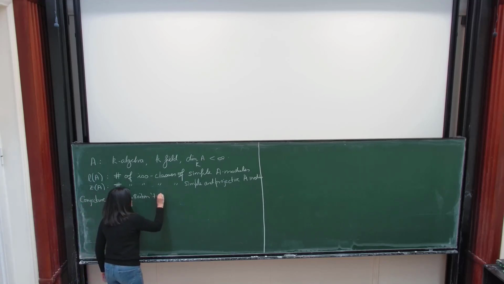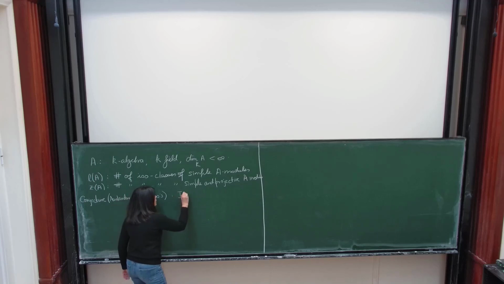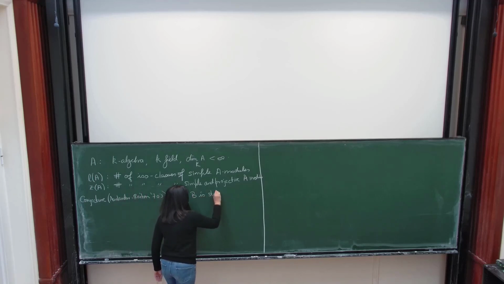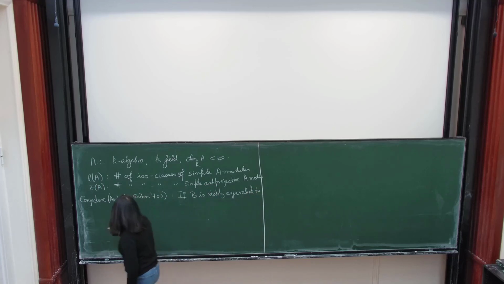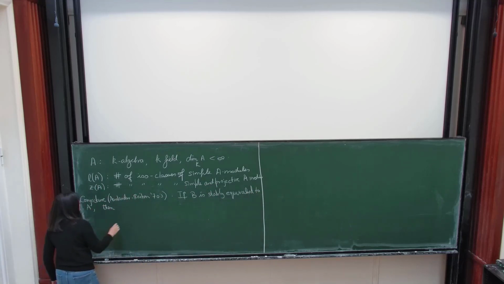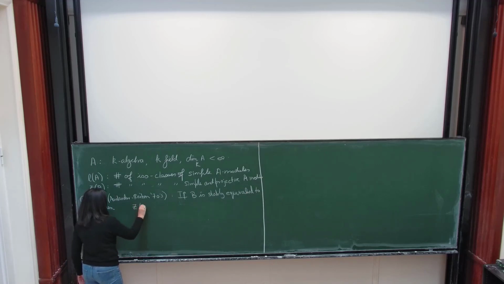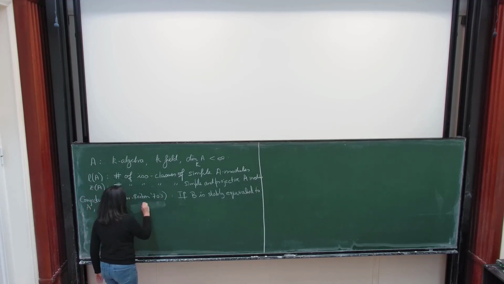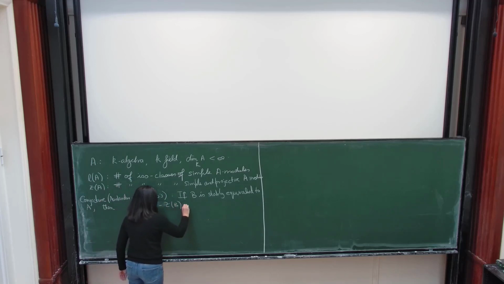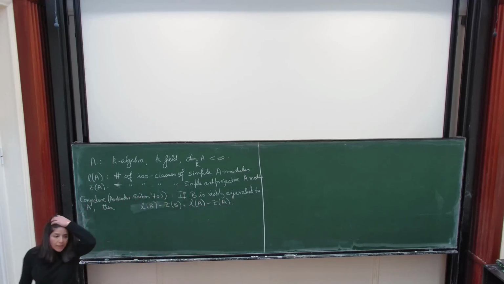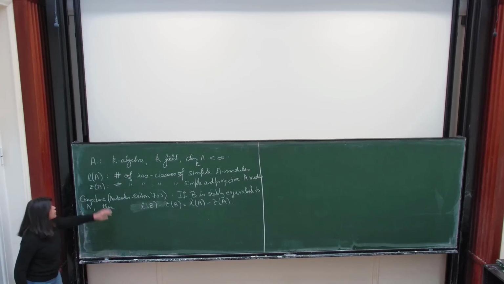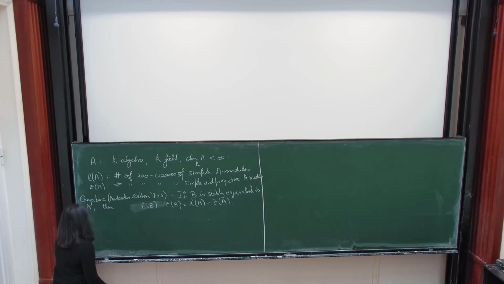This is from the 70s, and it says that if B is another algebra which is stably equivalent to A, then the difference L of B minus Z of B is the same as L of A minus Z of A. So my talk is about the relationship between these two numbers, but from the prism of p-local finite group theory. So let me start with that.